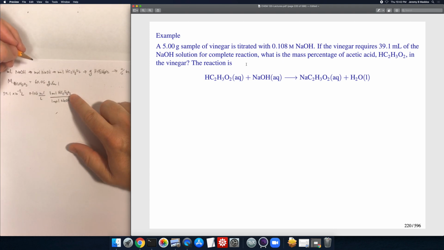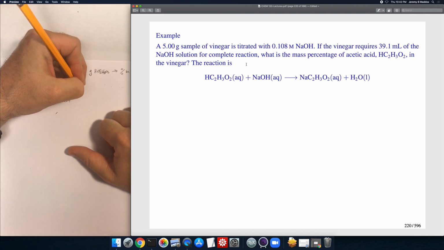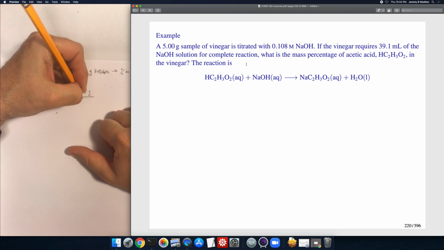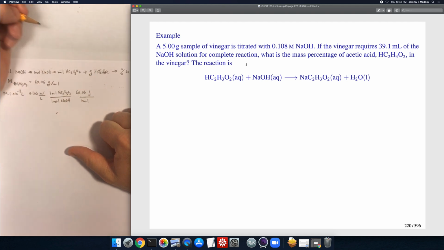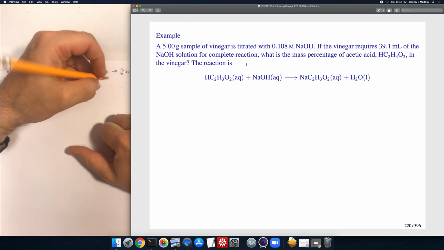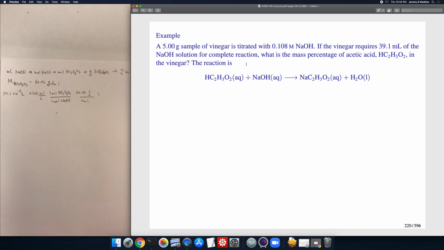And now, to go from moles to grams, we need to multiply by the molar mass of the acetic acid. Okay, and I'm just going to calculate the grams of acetic acid, and then we'll calculate the percent mass in a second calculation.